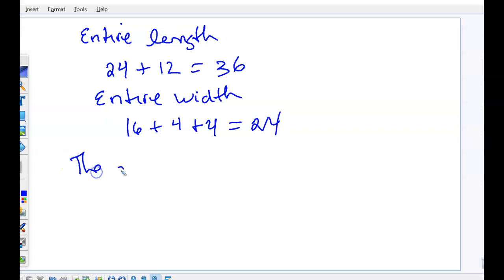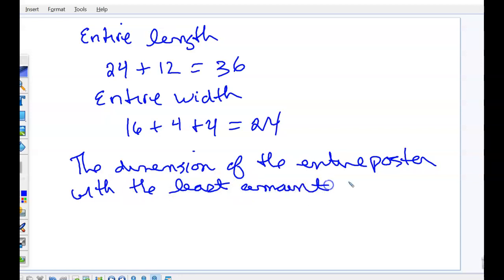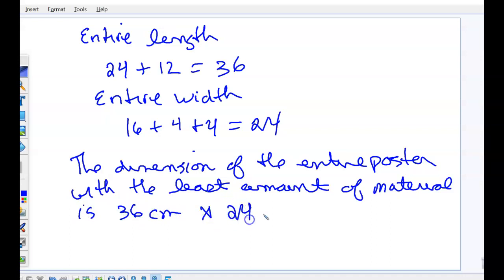So the dimensions of the entire poster with the least amount of material is 36 centimeters by 24 centimeters.